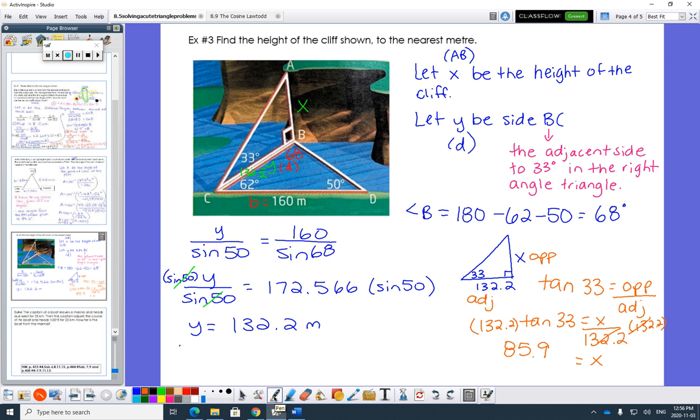So you were given units here. That means that you have to have units in your answer. So the cliff is 85.9 meters high or 85.9 meters tall. That's fine too.